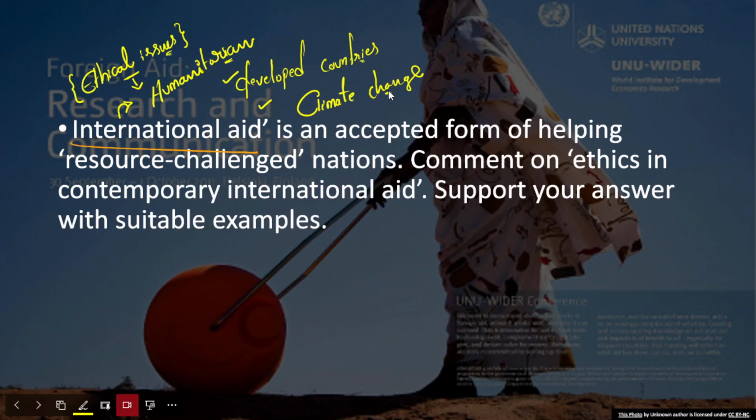So, in this context, the question has been asked: international aid is an accepted form of helping resource challenged nations. Don't confuse the term resource challenged nations.